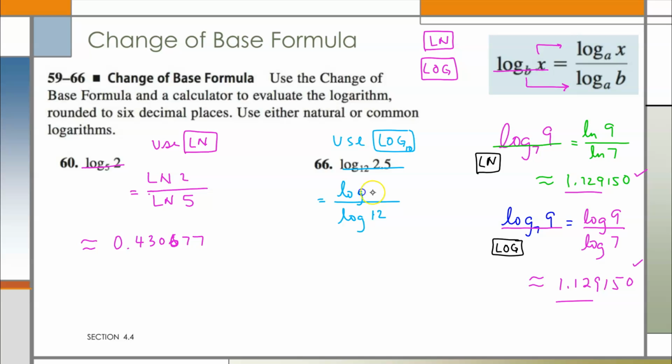Up top, we keep the 2.5. Look for your log button in your calculator: log 2.5 over log 12, and that gives us 0.368743.